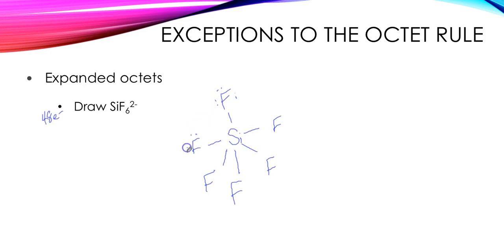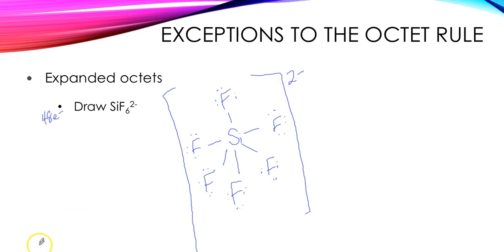That brings me up to my 48 valence electrons. This does give me 12 electrons around the silicon, which can happen. Now it is a polyatomic ion, so we're going to go back and put our square brackets, it's just the way it's done.